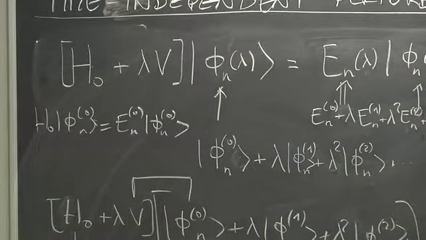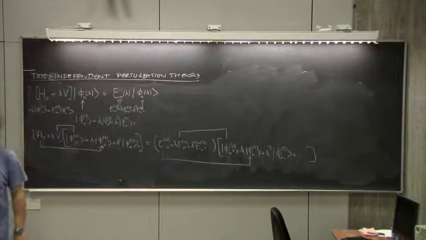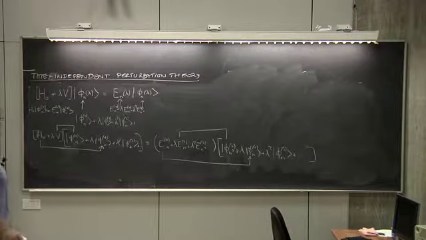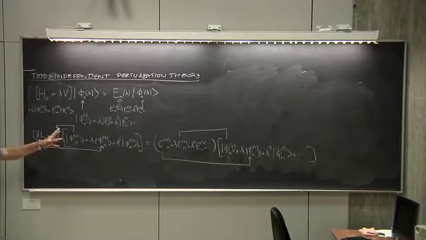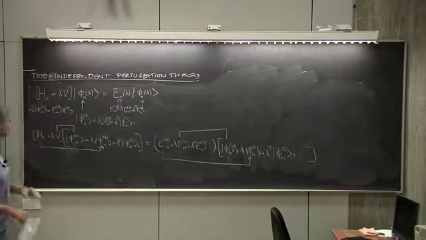I will have a first order contribution from here and a first order contribution from here. Okay? So let us write what this implies. And by the way, since there is a lambda everywhere, let's drop the lambda now. The lambda has done its purpose of signaling how many powers of lambda there are. There is only one. Let us drop it.